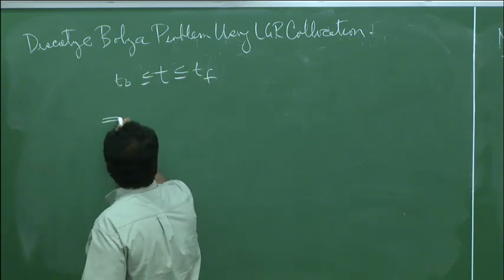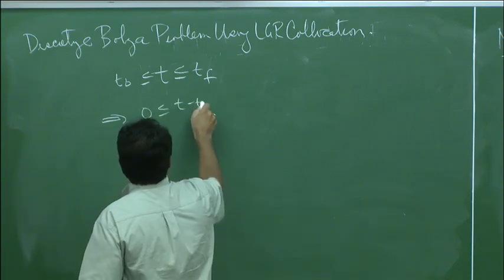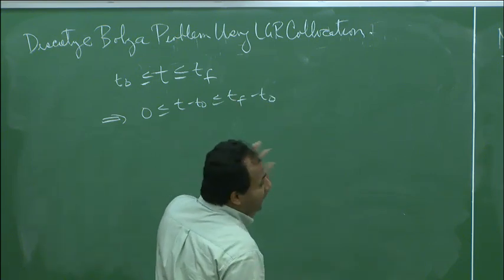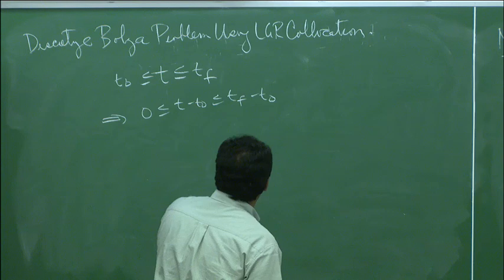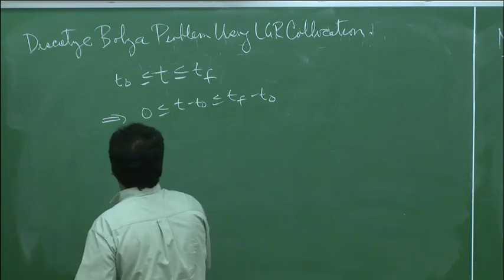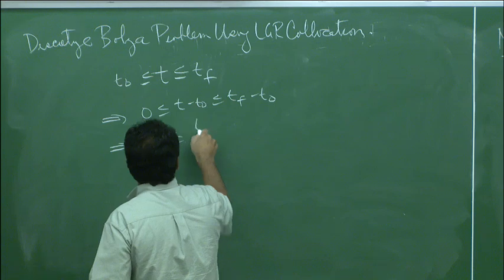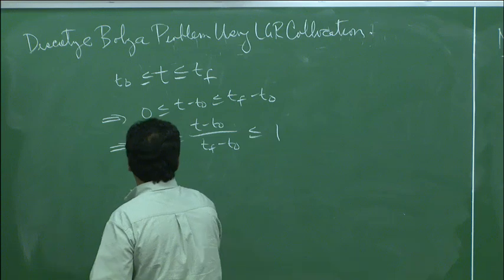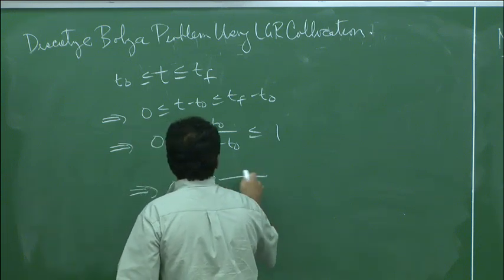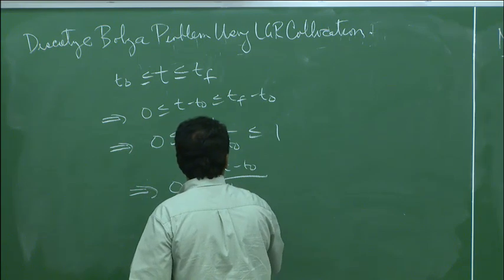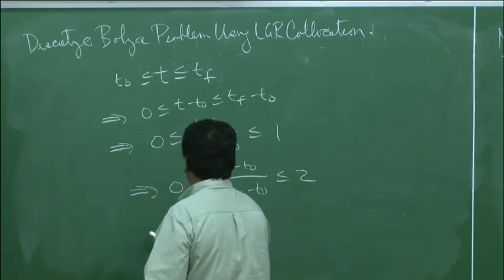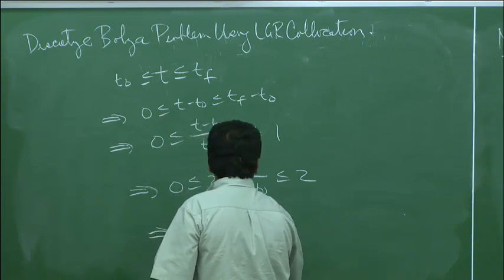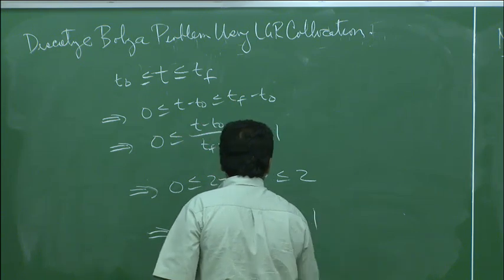So that means that 0 is less than or equal to t minus t0 is less than or equal to tf minus t0. Now, tf and t0 themselves may actually be variables. They don't have to be fixed values. They could actually be parameters in your problem, which says that 0 is less than or equal to t minus t0 all divided by tf minus t0, which is less than or equal to 1, which says that 0 is less than or equal to 2 times t minus t0 over tf minus t0, which is less than or equal to 2, which says that -1 is less than or equal to 2 times t minus t0 all divided by tf minus t0, which is less than or equal to 1.